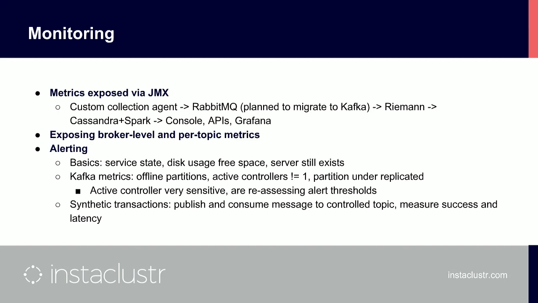We then look at some Kafka-specific metrics, so offline partitions, having more than one active controller, and partitions under replicated are all indicators of an unhealthy Kafka cluster, potentially before it actually starts failing. You may see some of those things.